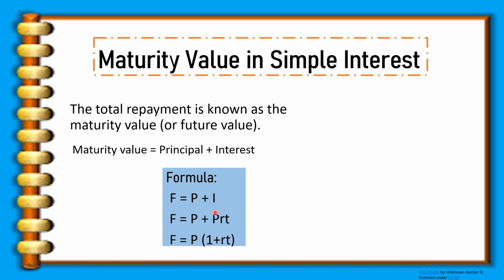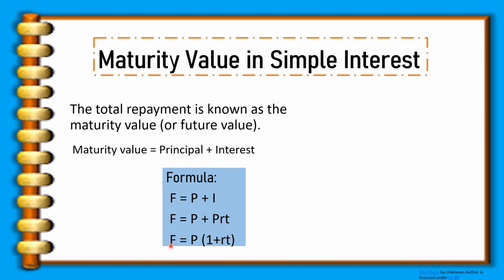I. And since I is equivalent to P multiplied by R multiplied by T, another formula to be used is maturity value equals P plus PRT. And from this formula, we can still derive another formula by getting a common factor from these terms.